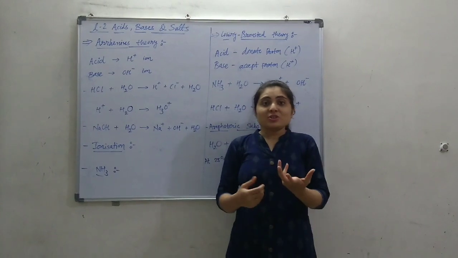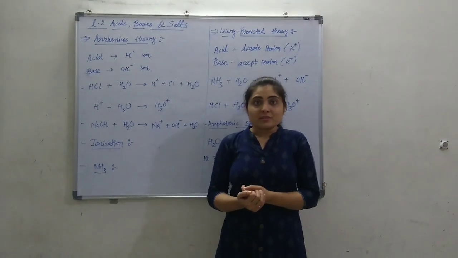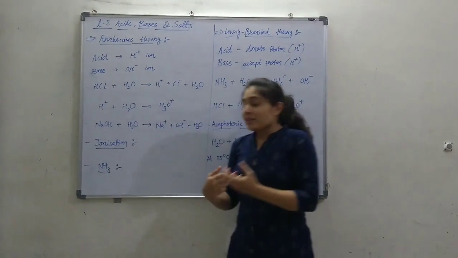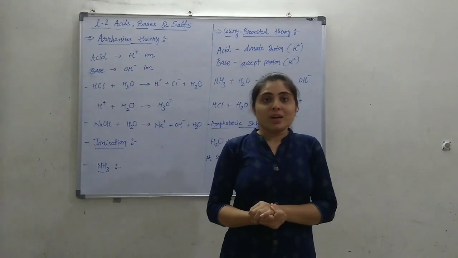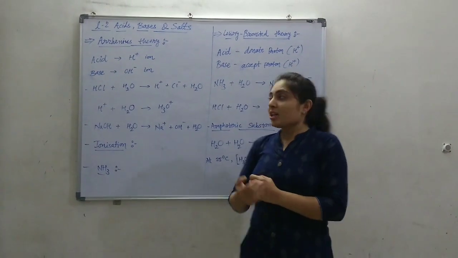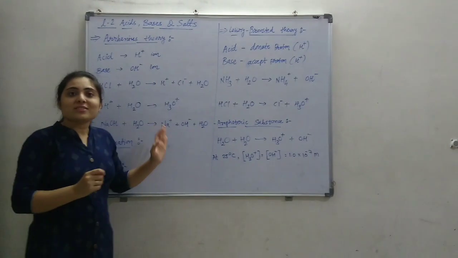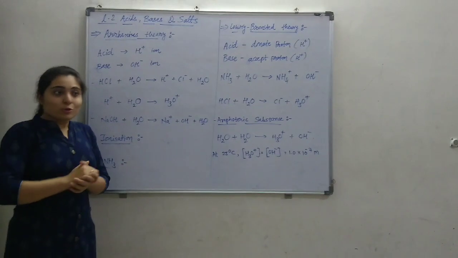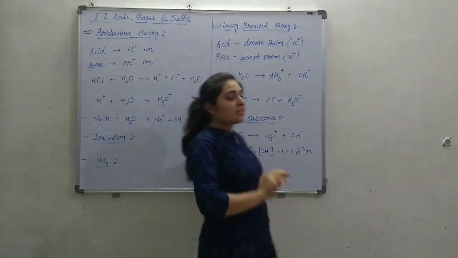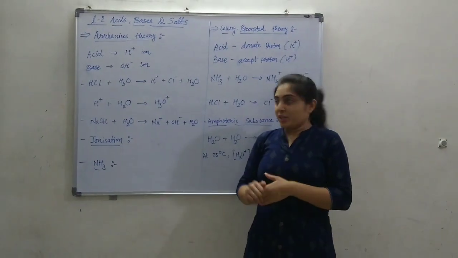But in NH3 there is no OH negative ion. Still it is showing the basic nature. So it means that Arrhenius theory is somewhat incomplete. It is not giving the perfect definition for acid and base.